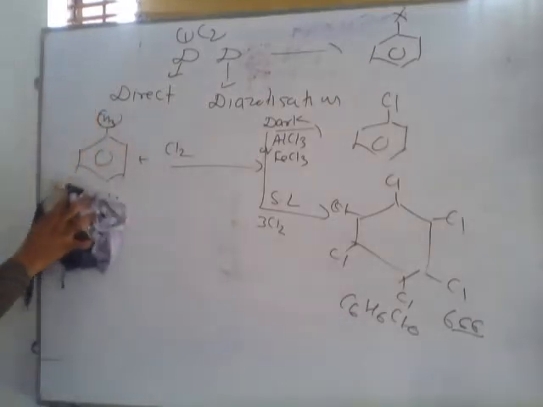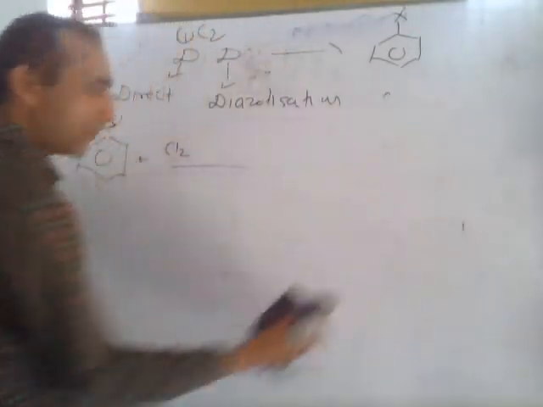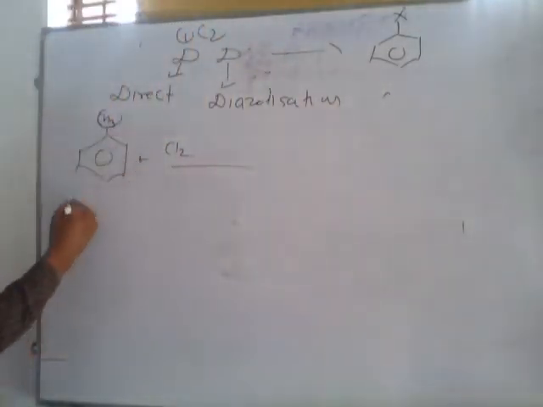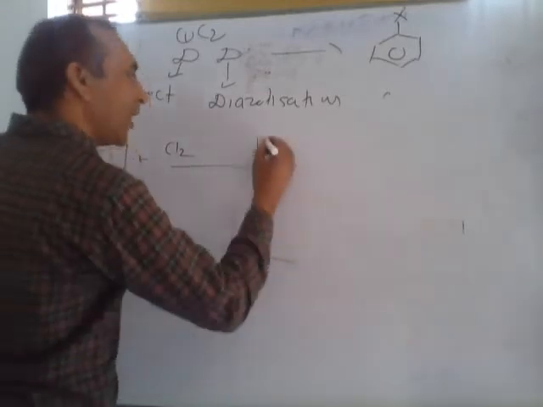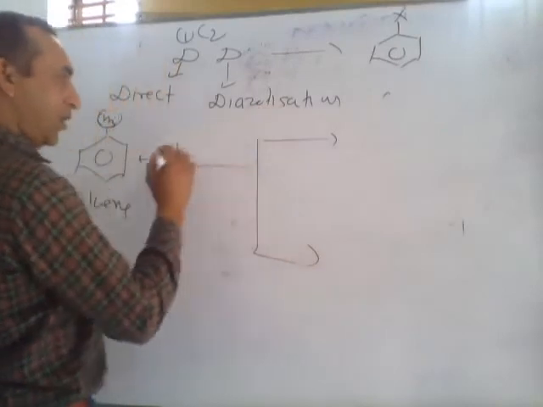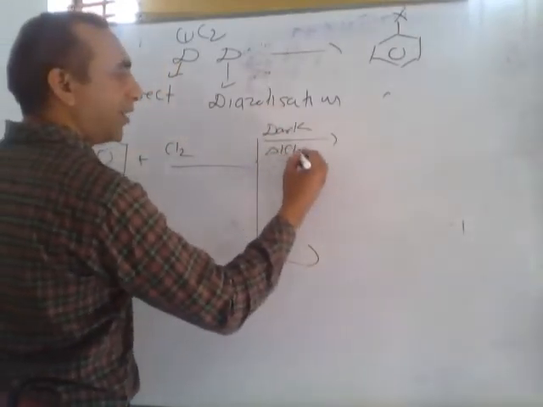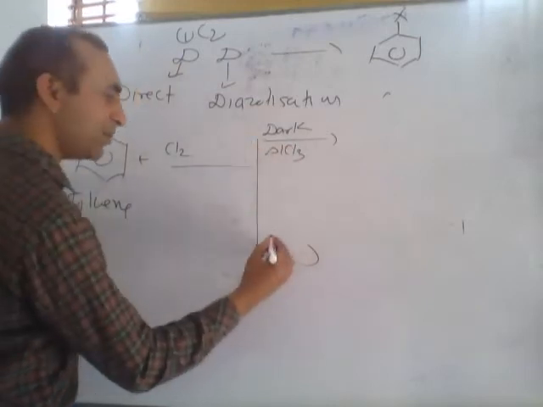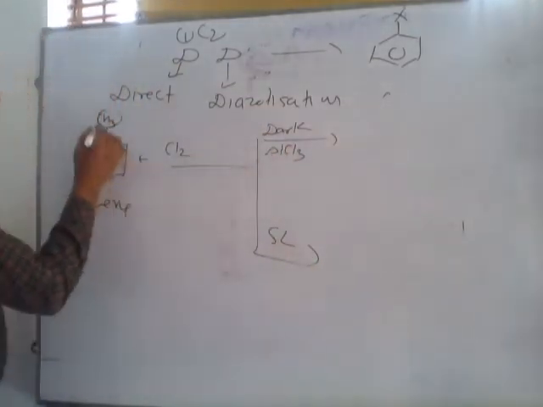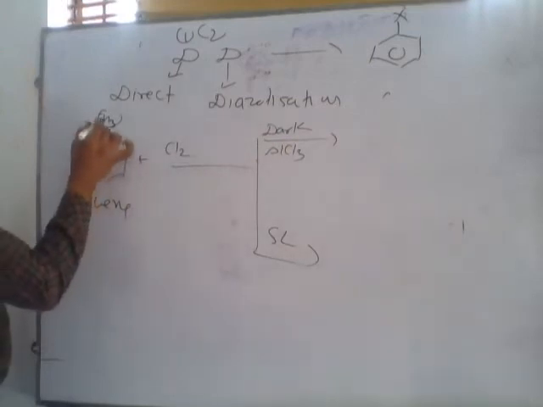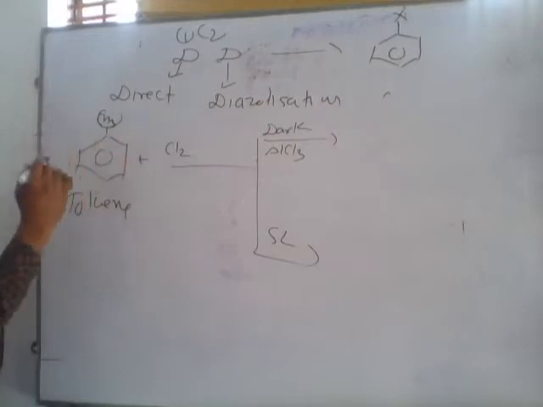Then what will happen if toluene reacts with chlorine? Listen, this is toluene. The reaction may be of two types. Number one, in the dark in the presence of the catalyst anhydrous AlCl3, otherwise in the presence of sunlight. In the dark, do you know the directing effect of methyl is ortho and para?